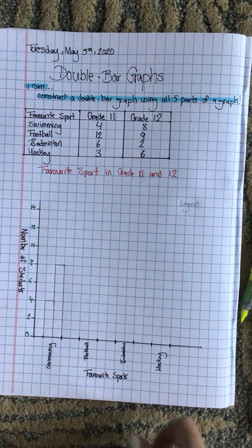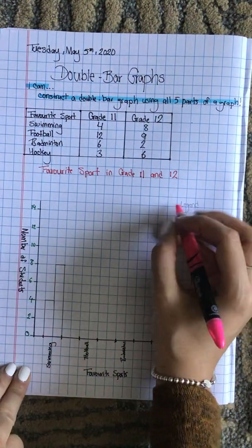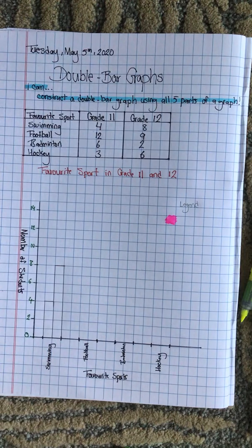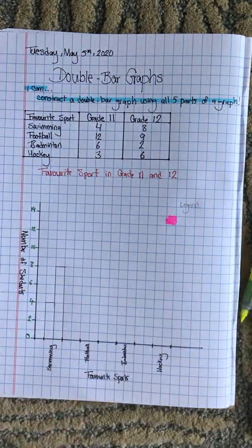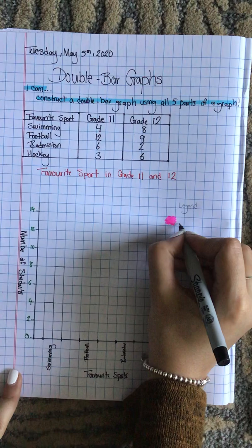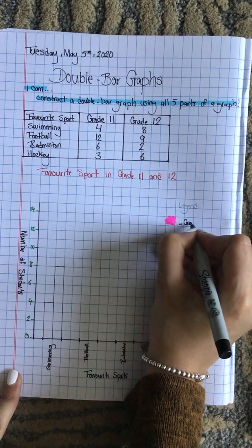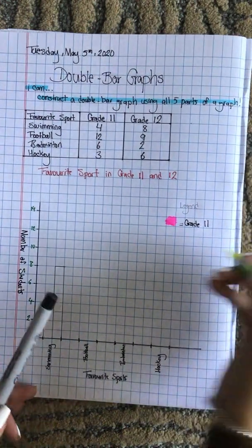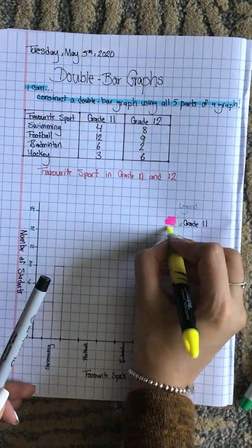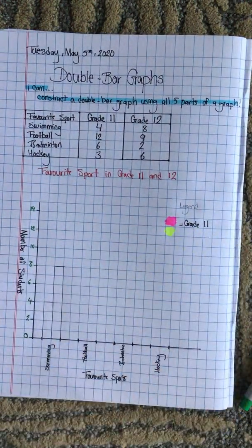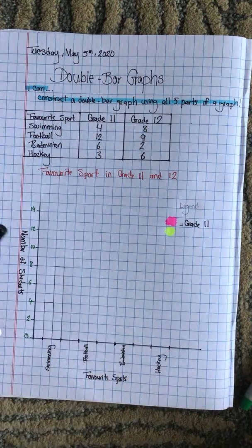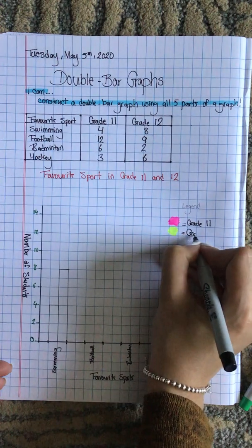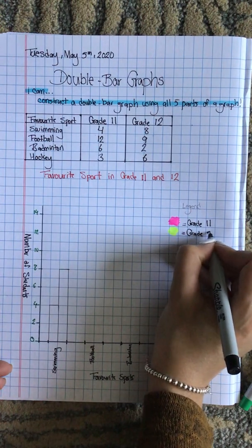So the legend, I'm going to say that anything that's colored in pink, pink represents grade 11. And then anytime you see yellow, anywhere in the graph that you see yellow, that is grade 12.